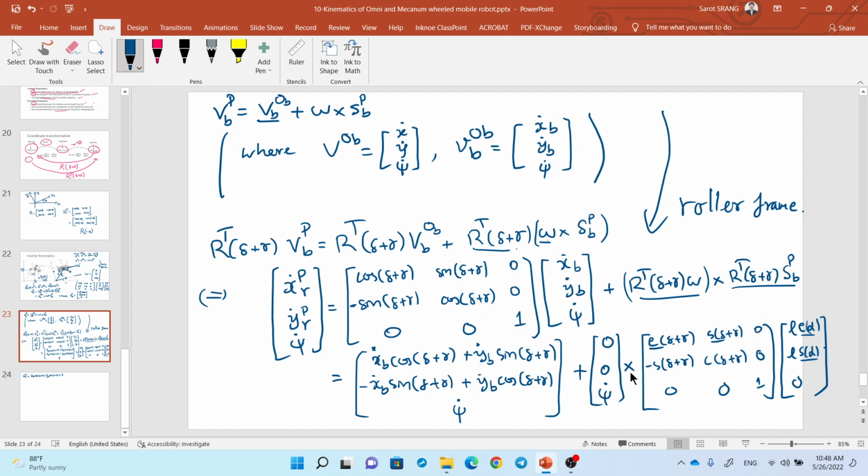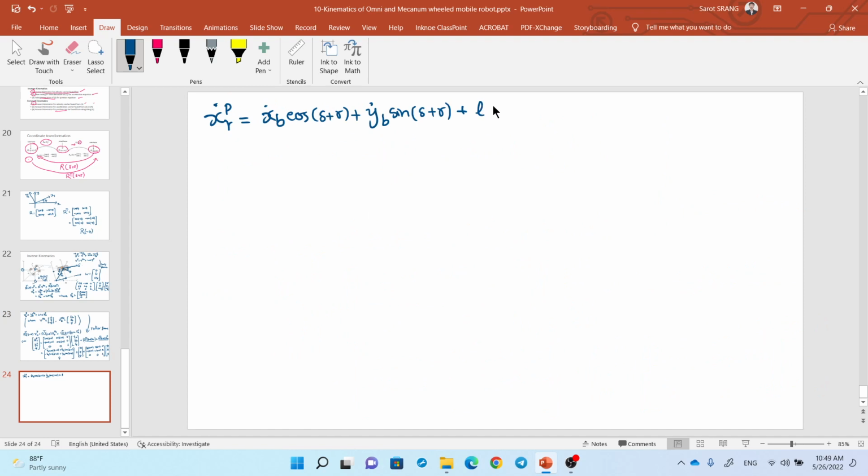This one becomes a matrix, so the last row must be all zero, right? So here becomes L psi dot cosine delta plus gamma minus alpha.